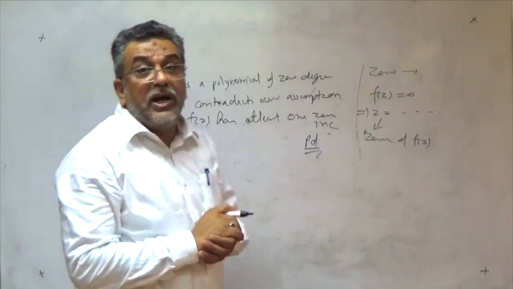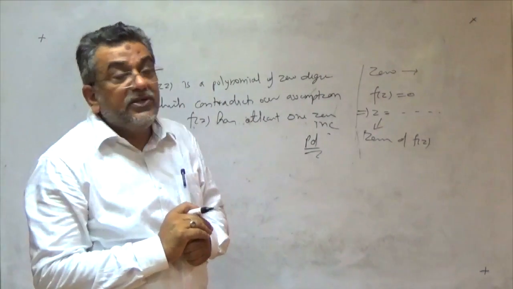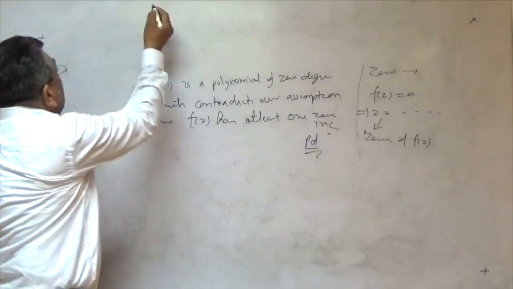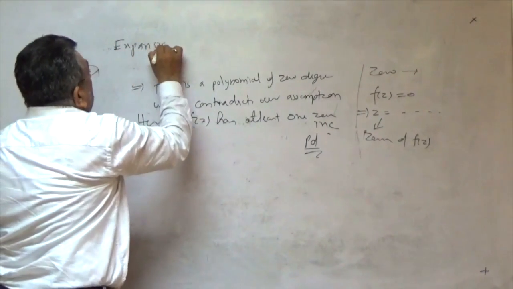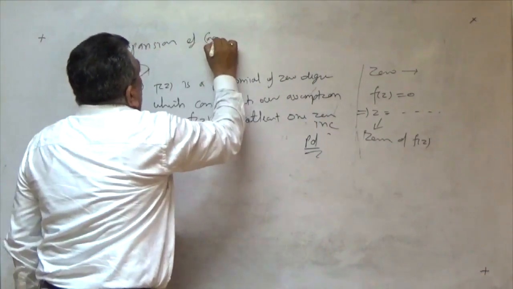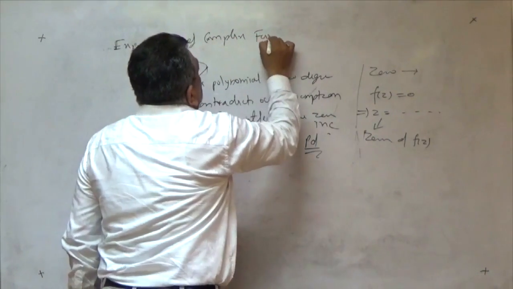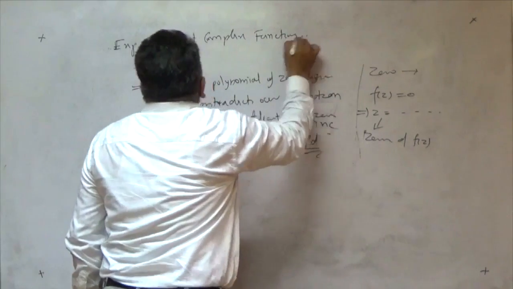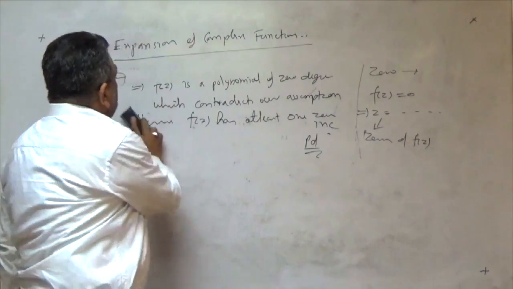Now we are going to start your complex analysis volume 2. That is the second module, in which the first thing is expansion of complex functions.